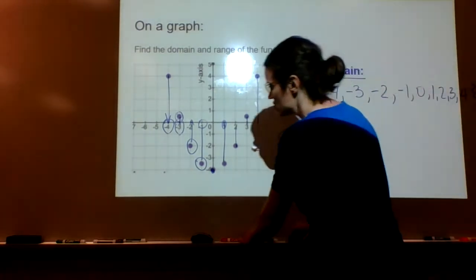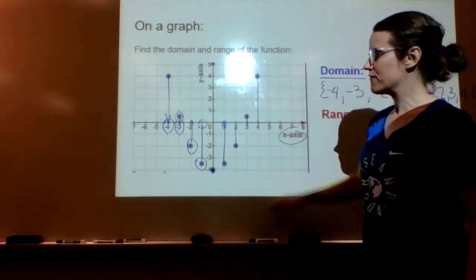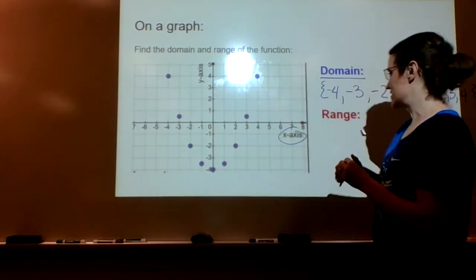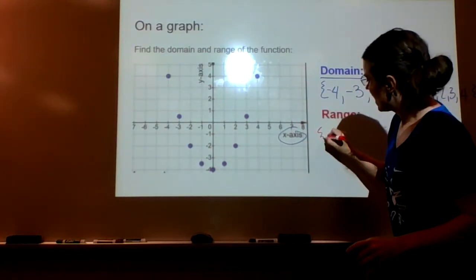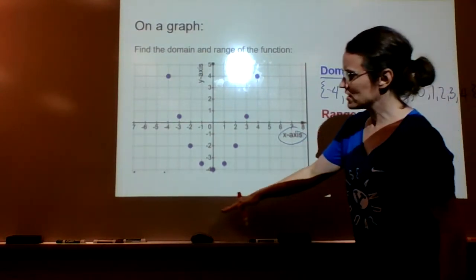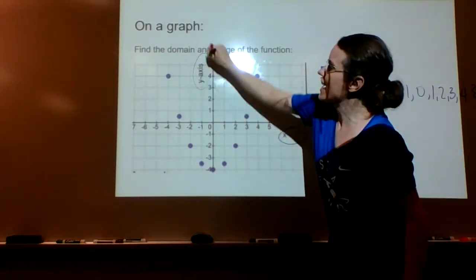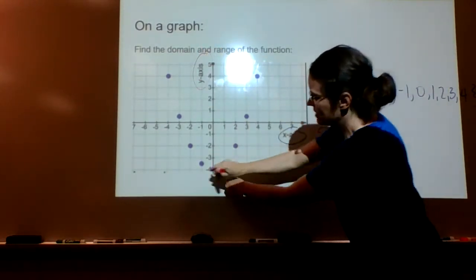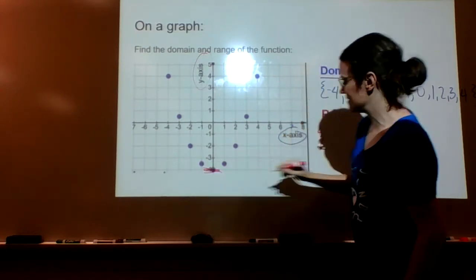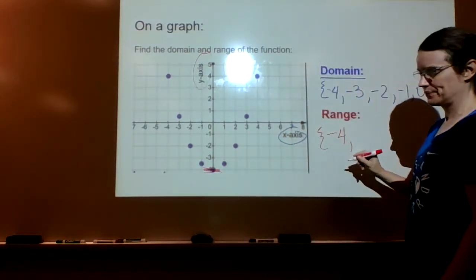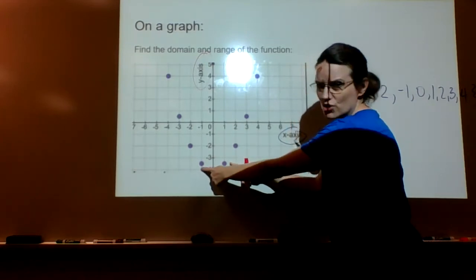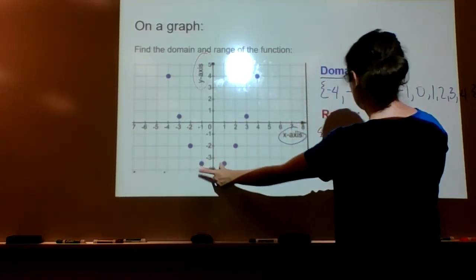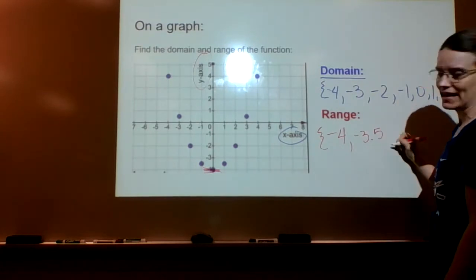For my range now, I'm going to figure out how far up and down they are. And so this one gets kind of fun. So you go, okay, for my range, what's my lowest? On the y-axis, I find my graph. Well, the lowest is down here, crossing the y-axis at -4. Then my next, there's 2 dots down here, and they're kind of at, what, -3.5 or something like that.